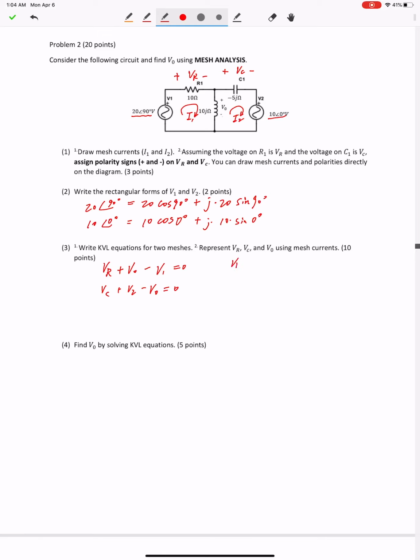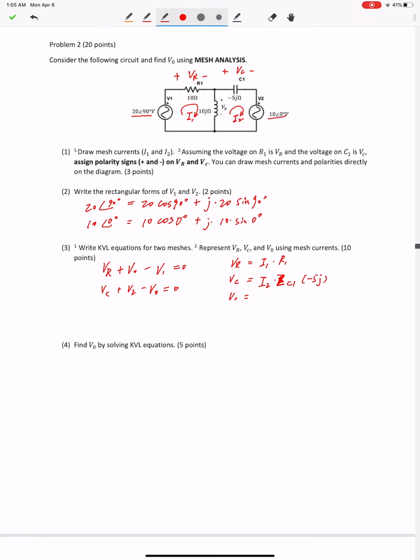And then represent VR, VC, V naught using mesh currents. VR can be represented by I1 times R1, because I1 is the only current flowing through R1, right? VC can be represented as I2 times ZC1, right? ZC1 equals minus 5j ohms, given by the question. V naught is between two meshes, and it's a little different from VR and VC.